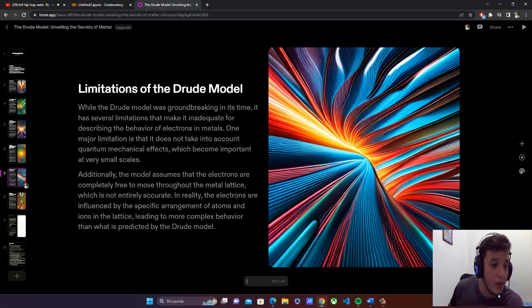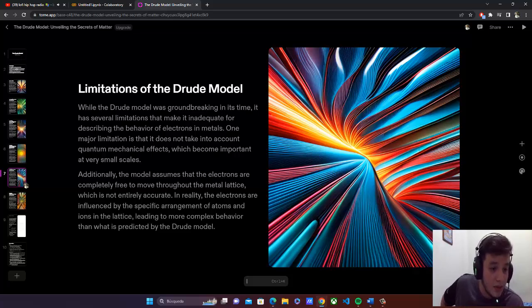Second, it ignores electron-electron interaction. The Drude model does not consider interaction between electrons in the metal. Third, it ignores quantum effects. The Drude model is a classical approximation and does not account for the quantum effects in the behavior of electrons in metals.